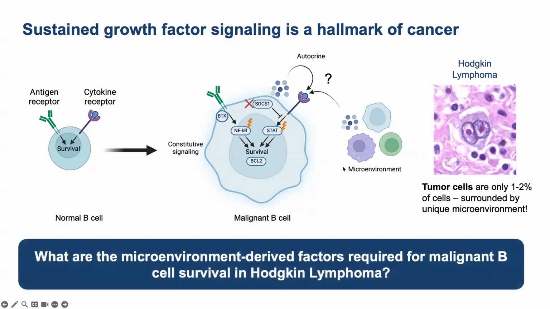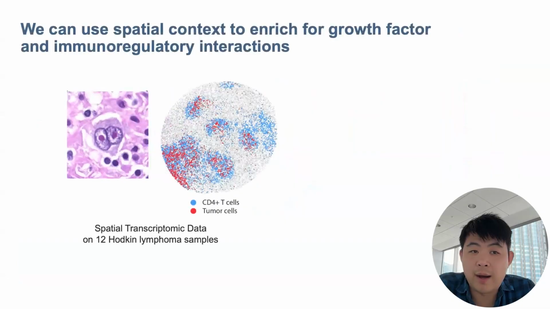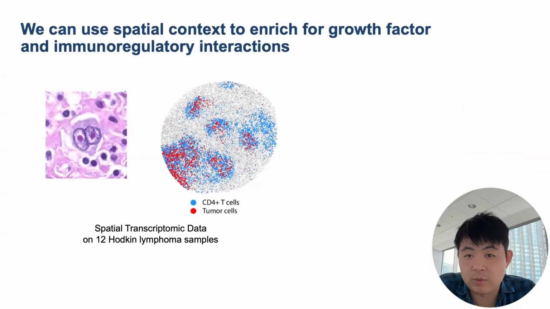Actually, Vignesh, postdoc in Todd Golub's lab, had this hypothesis that there are microenvironmental derived factors that are basically being co-opted by the tumor for cell survival. To explore this, we collected spatial transcriptomic data and Slide-tags from about a dozen Hodgkin lymphoma samples, and we conducted this analysis leveraging cellular context to uncover paracrine interactions.